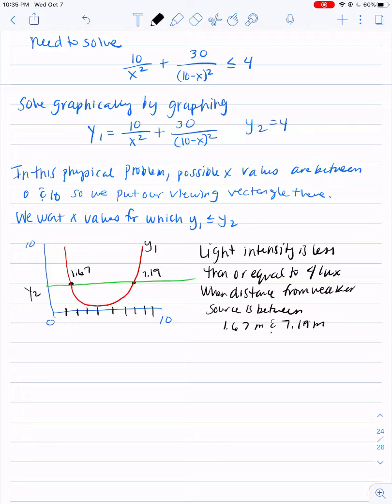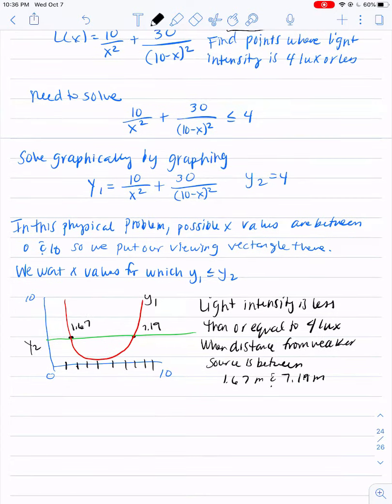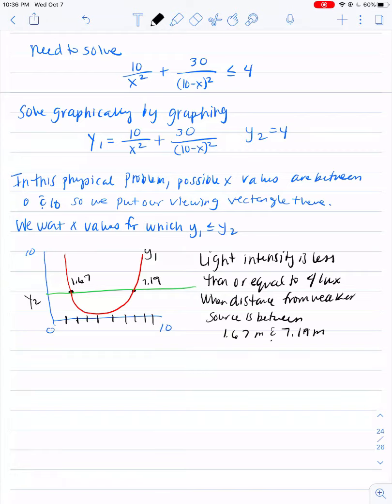That's why I did it from 0 to 10 for our viewing rectangle, and we want to find the x values for which y1 is less than or equal to y2. So we see here that our y1 values are less than y2 for all these right here. So it's between 1.67 and 7.19.